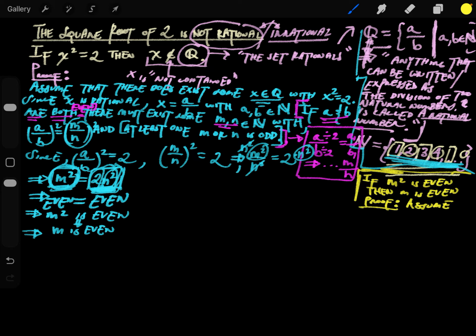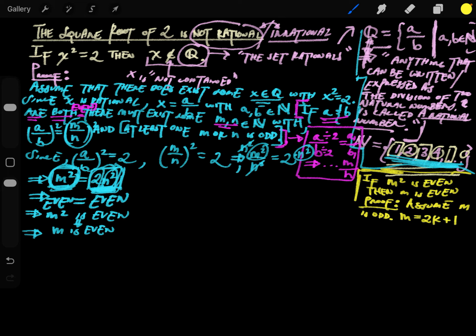We have that m squared is even, and we want to prove that m is even then. So assume m is odd. Assume the opposite, and we're going to get a contradiction. So assume m is odd. That means that m can be written as 2k plus 1, where k is any natural number.